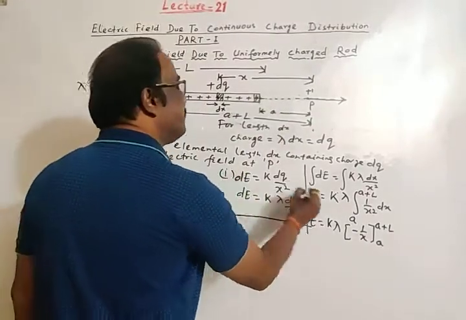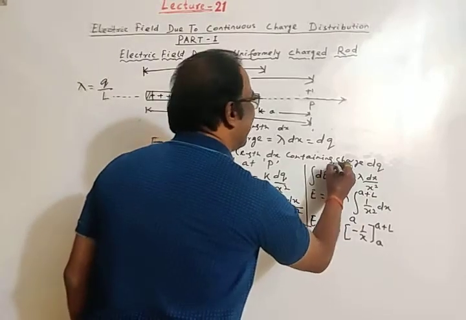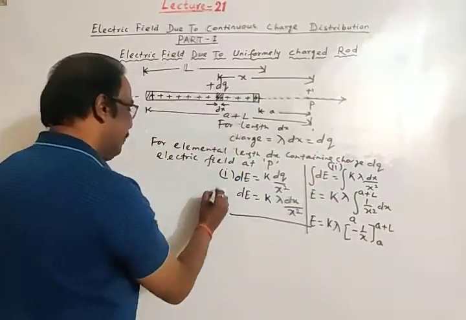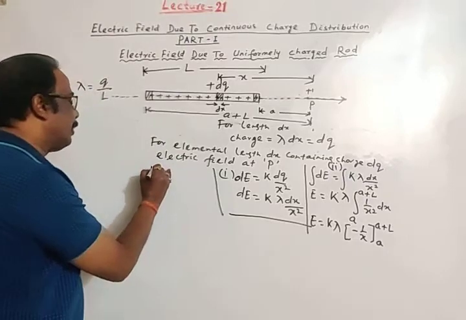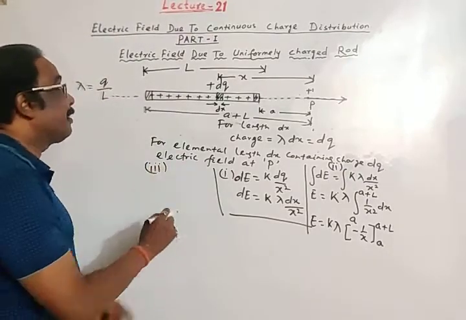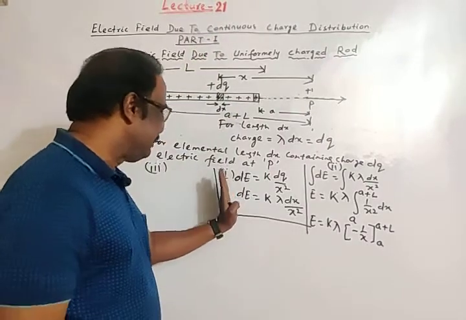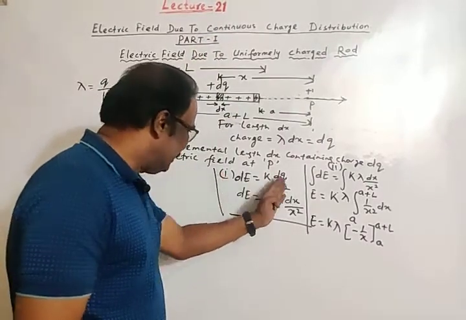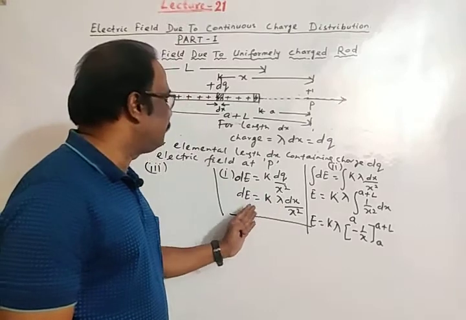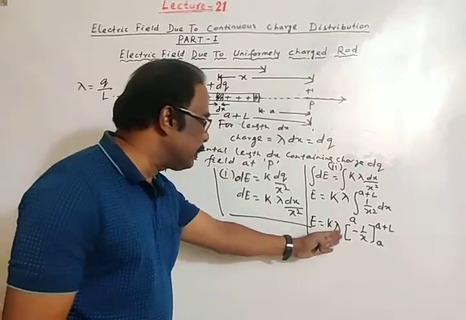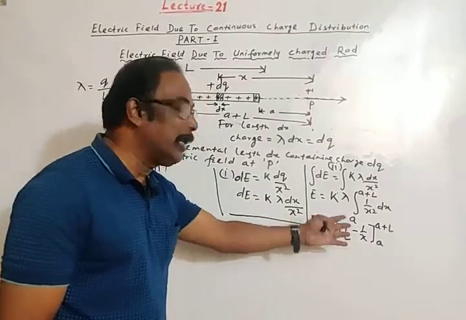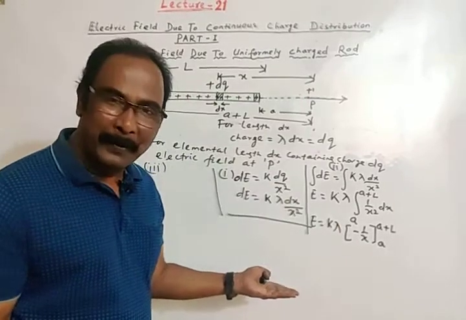This is part 1, this is part 2, and finally I am taking part 3. This is dE, the fundamental form of dE. Then this is the integration form. We have already integrated. Now the only thing is to put the limits.